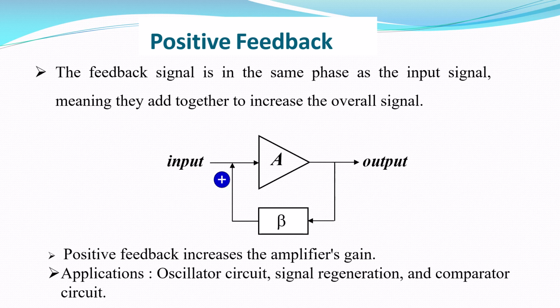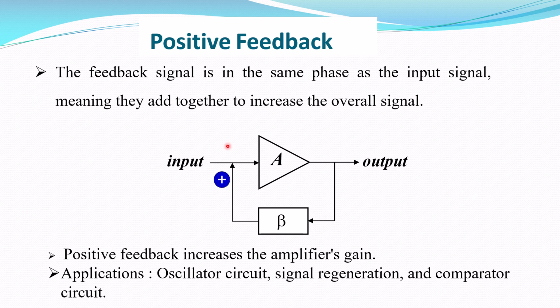In the positive feedback circuit, it consists of the amplifier and beta, and we are applying a 360-degree signal as an input of the amplifier. Here in positive feedback, a portion of the output signal is fed back to the input in the same phase of the signal.